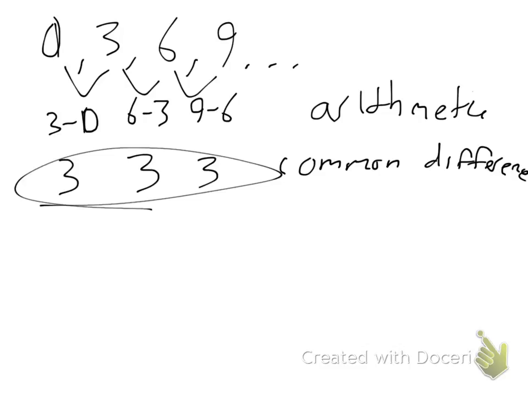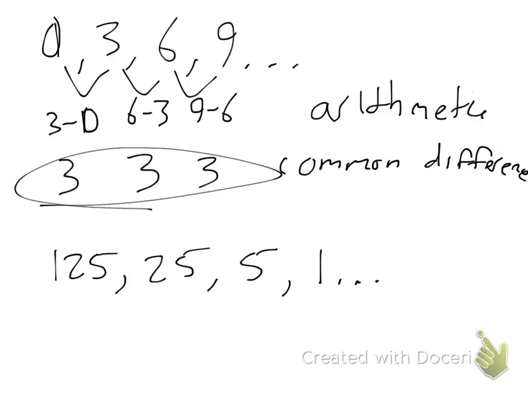If I was to have something like, let's see, 125, comma, 25, comma, 5, comma, 1. This is going down by a factor of what? 5's. But not subtracting 5's, but by dividing.